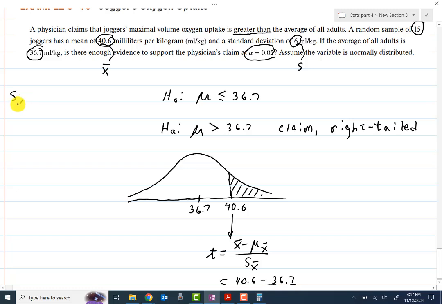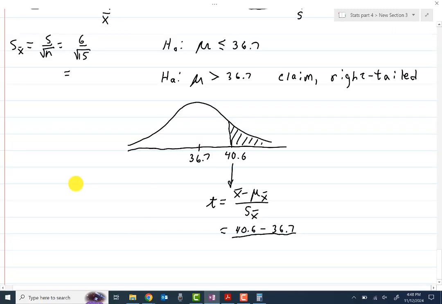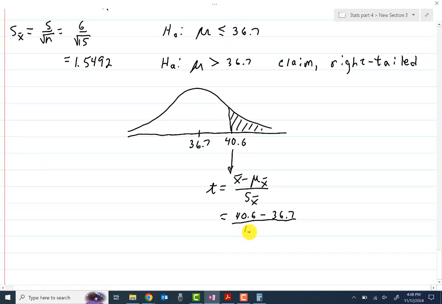So remember that S sub x with a bar over it is equal to S divided by the square root of n. So S was 6, n was 15. I put that in there, 1.517. Here I'll round my t-values to 3 decimal places because that's all the number of places in the table.